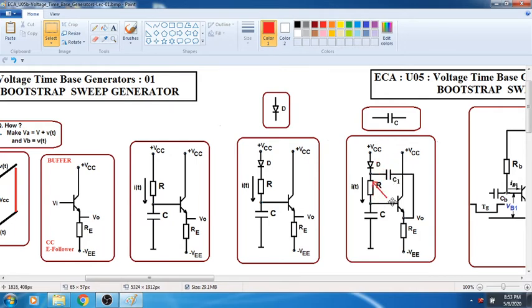So the voltage across the resistor will continue to be constant while the voltage here is increasing from 0 to a higher value. That is called the trace time or scan time. So as long as it is scanning, the voltage here will be increasing with time.